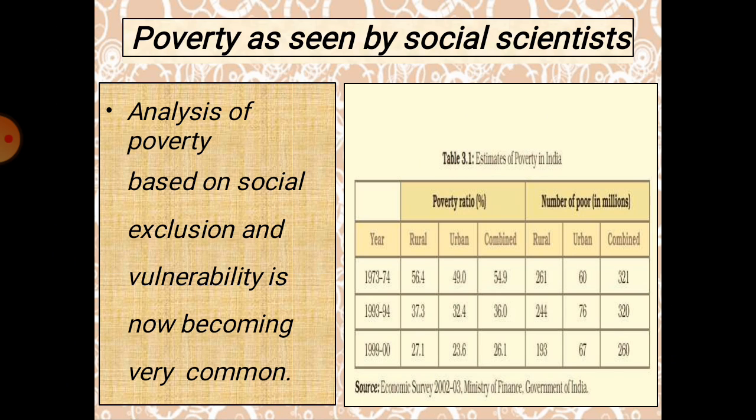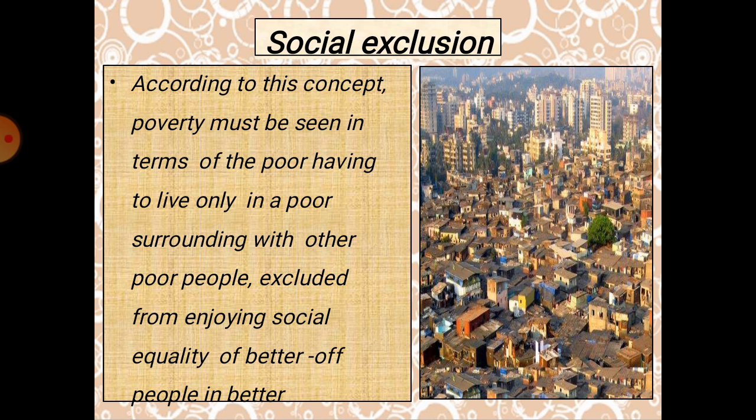Then this is one more important thing: social exclusion. What is this exclusion? How can it be called an exclusion? According to this concept, poverty must be seen in terms of having to live only in poorer surroundings with other poor people.